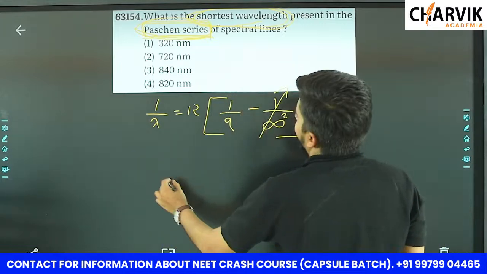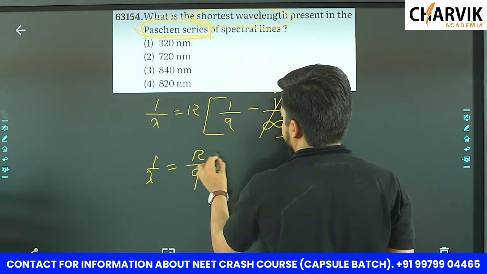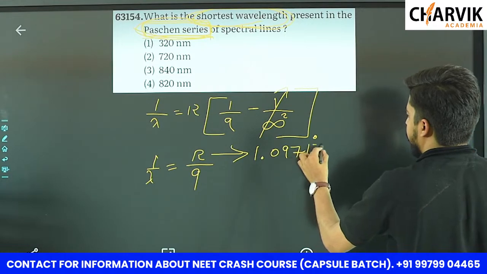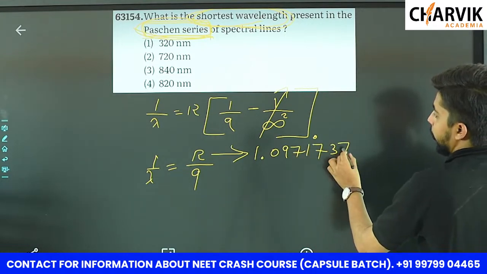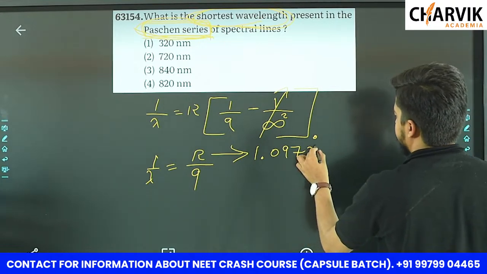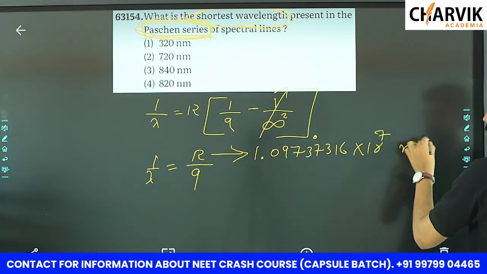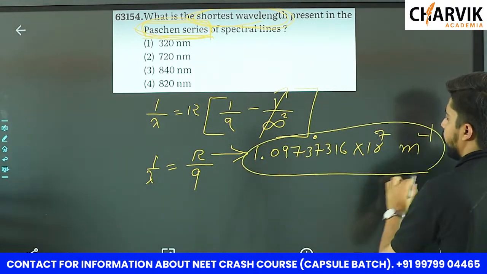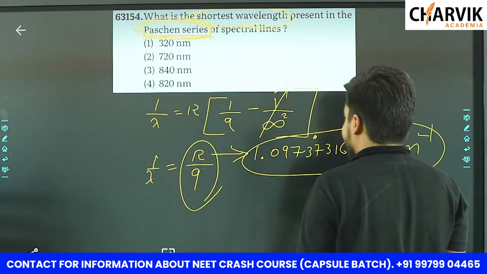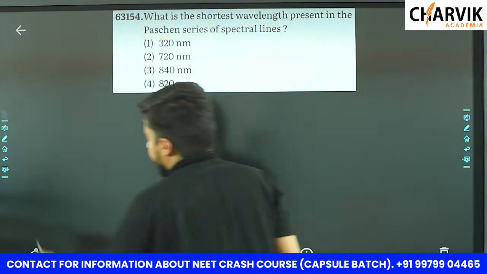Now 1 upon lambda will be equal to R divided by 9, where R is the Rydberg constant, which is equal to 1.09737 into 10 raised to 7 per meter. Place the value of the Rydberg constant, solve this in your calculator, and you will get the answer as 820 nanometer, which is given in option number 4.